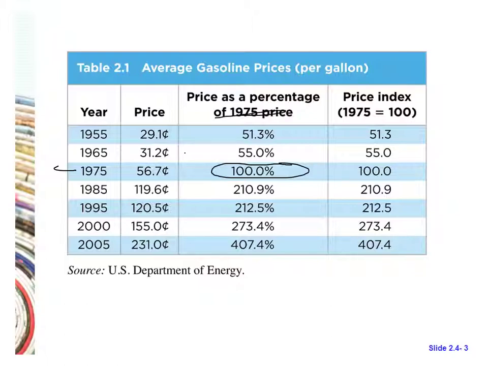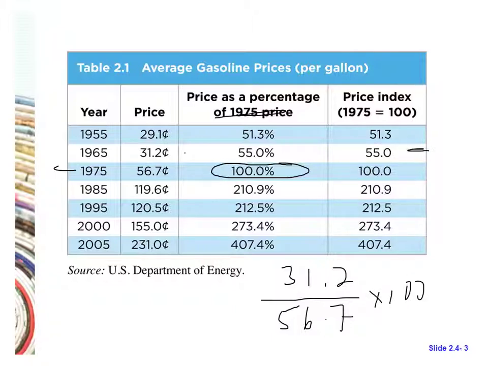Gas was cheaper back in 65, so if we think about that index value, 56.70 is the reference number, and the 1965 value of 31.20, I guess is 31.2 cents, isn't it? We multiply that by 100. That's where they're getting the index of 55.